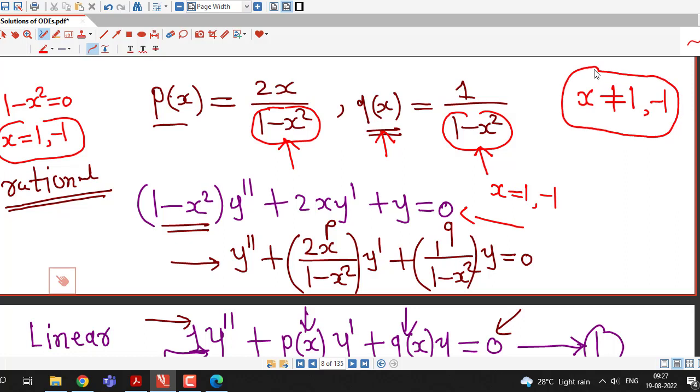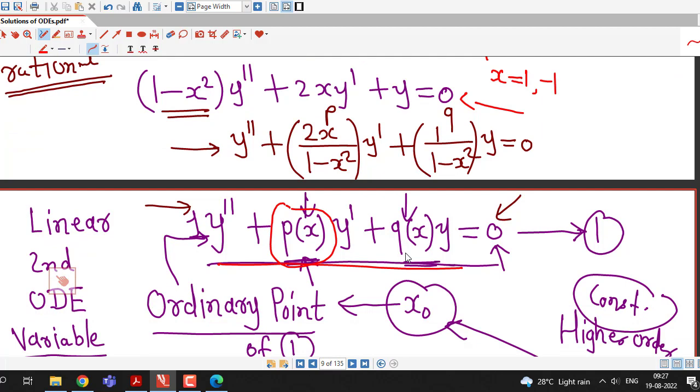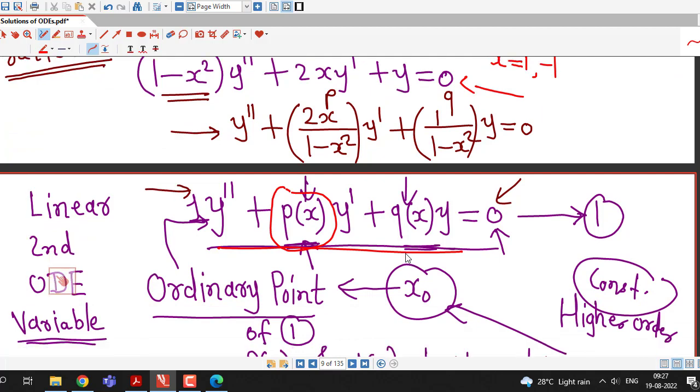So in this way it is easy to decide whether given point is an ordinary point of differential equation or not. You first write down your differential equation in this form, and then you decide at which points p(x) and q(x) are not analytic, and the points at which p(x) and q(x) are both analytic is called ordinary point of this differential equation.